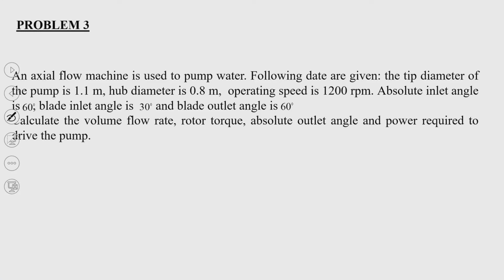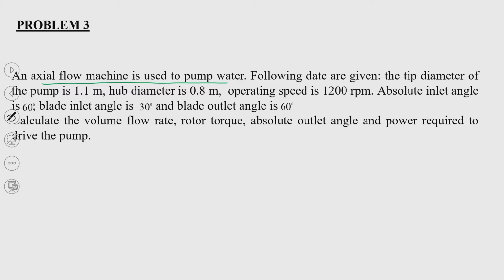The problem is we have to read first and then we will try to solve. Let us first read the problem statement. An axial flow machine is used to pump water. So, now I am underlining these words. Then a few data are given.